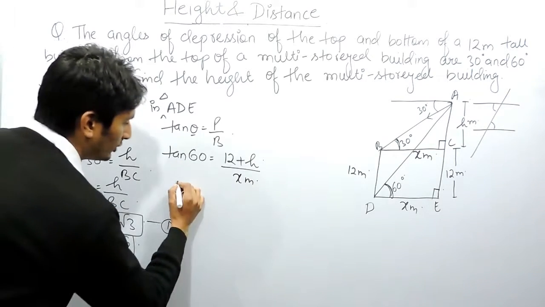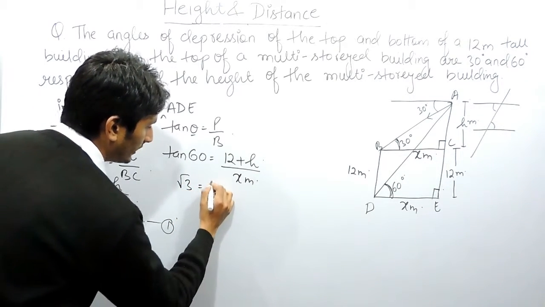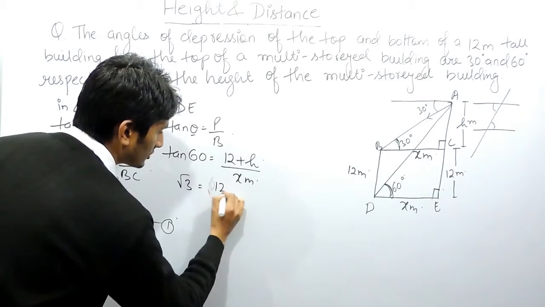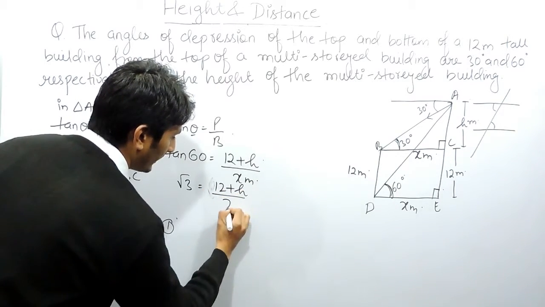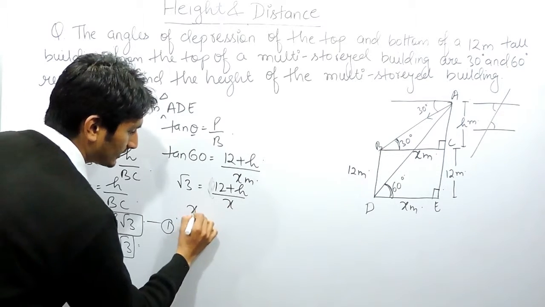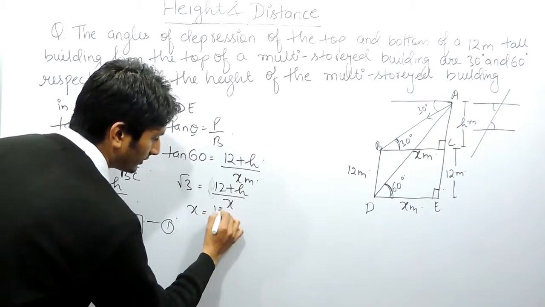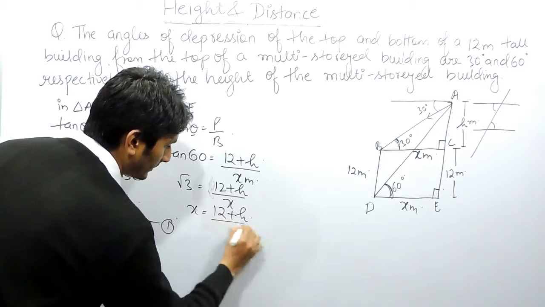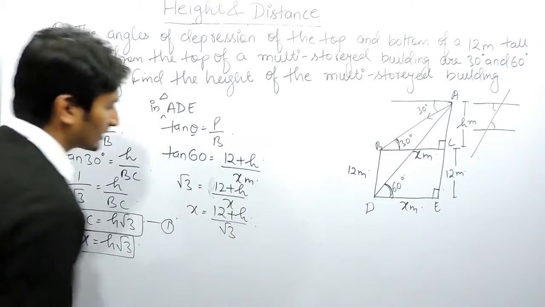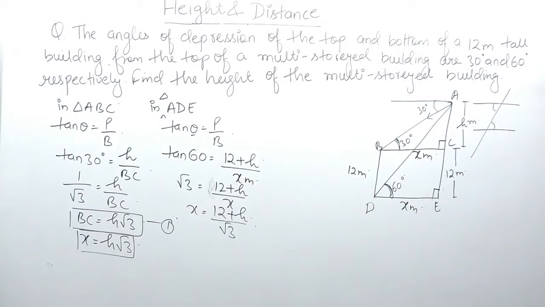Now tan 60 is root 3, and this is 12 plus h upon x. If I cross multiply, I can place root 3 in the denominator here. So this is our second equation.